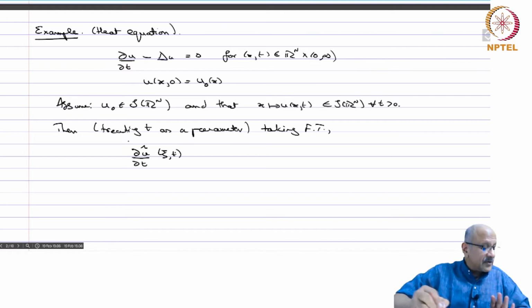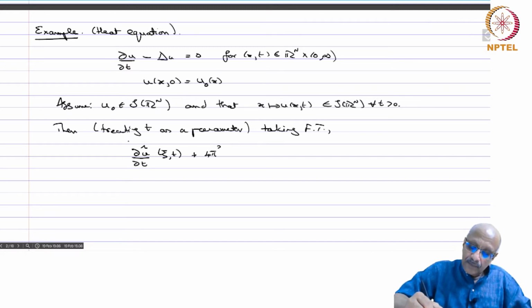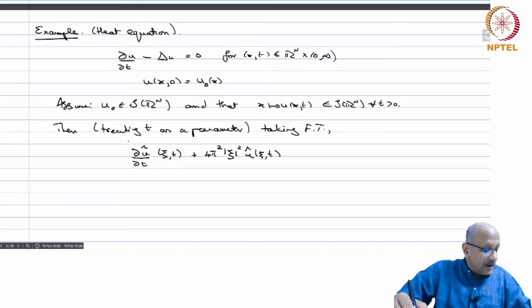So t is just a dummy here. Plus, you have the Laplacian. If you use the law for the Fourier transform of a derivative, each time you pick up a 2 pi i, so you get 4 pi square times mod xi square u hat of xi, t equal to 0.